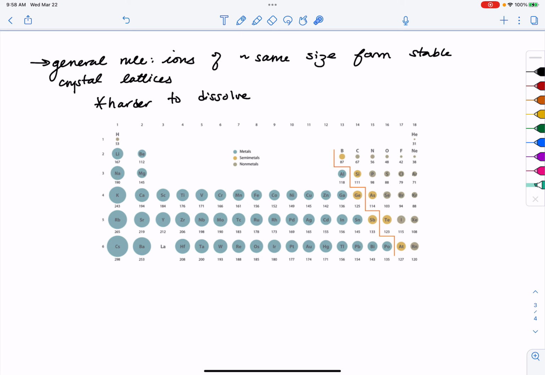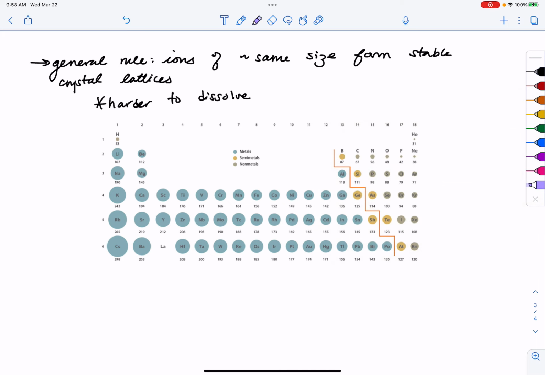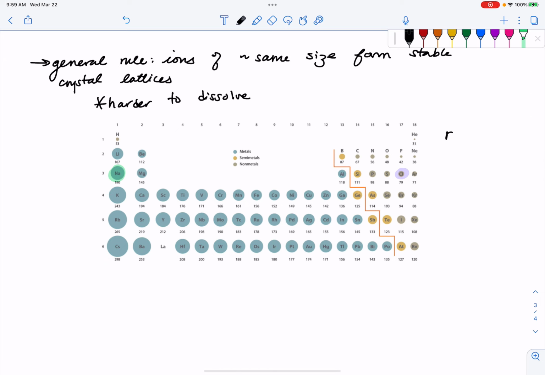Oh well. If we notice my relative differences in sodium and chlorine, we can see that their overall radii are relatively different.